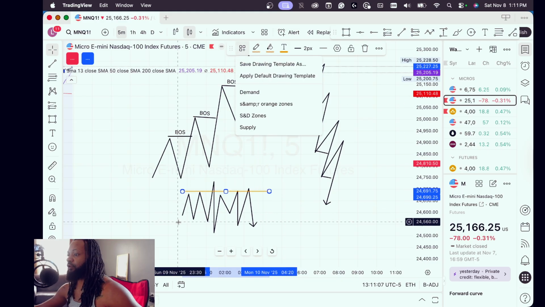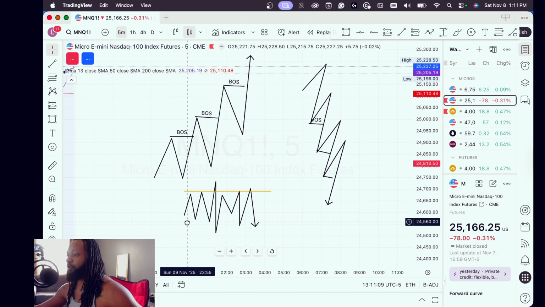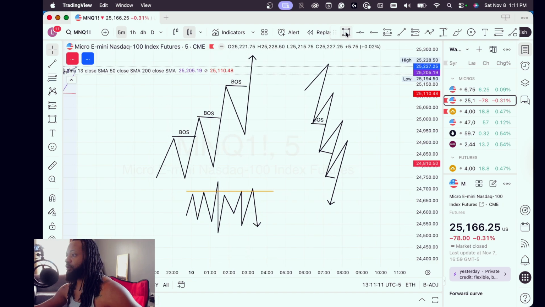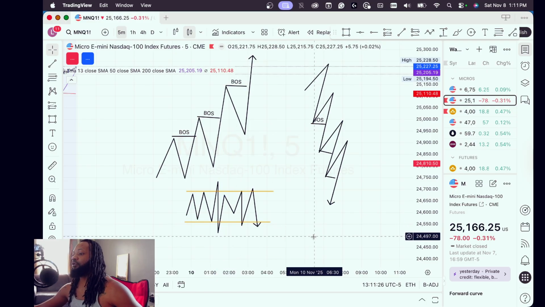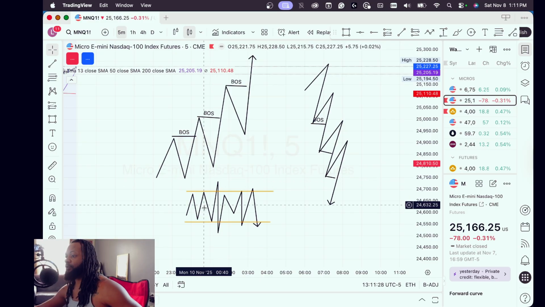Some people trade support and resistance as a strategy. This is not my strategy though, but this is how I mark the market on my charts when it's ranging. See that? Resistance, support. Choppy market.